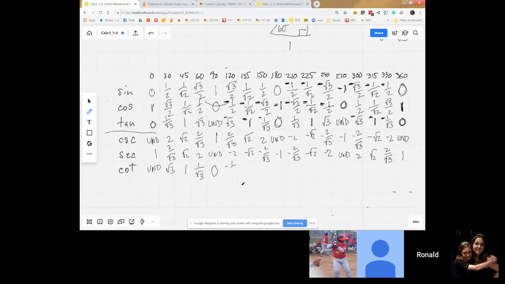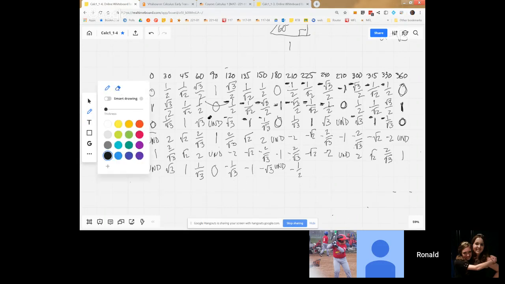-1 over square root of 3, -1, negative square root 3, again undefined, -1/2. No, that's not true. Got in the wrong spot there.